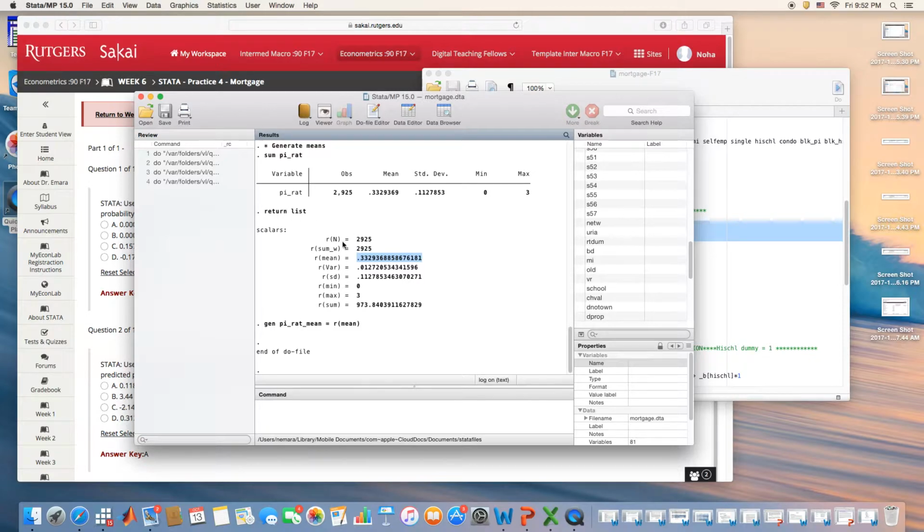And this is telling you 33.29%, which is approximately 33.29% of all the sample that we have, they have this payment to income ratio at this number.